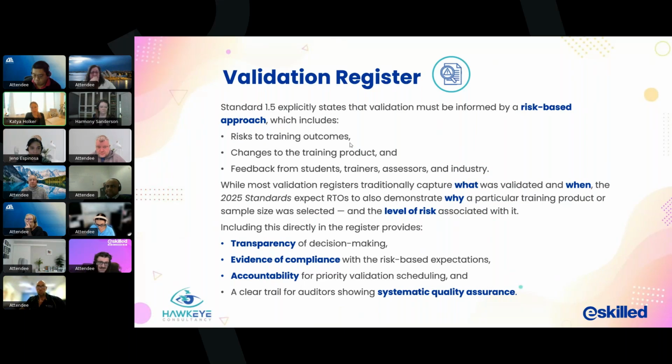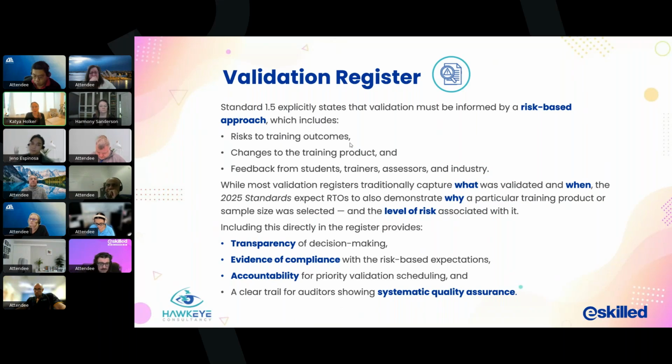While most validation registers traditionally captured what was validated and when, the new standards actually expect you to also demonstrate why a particular training product or sample size was actually selected and that level of risk associated with it. So I would recommend that you have that captured within the register as well, where possible.